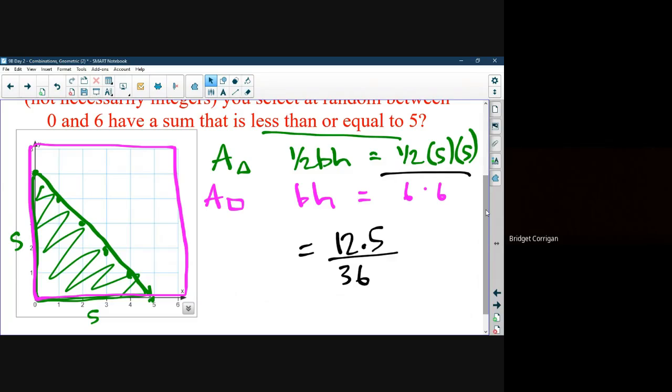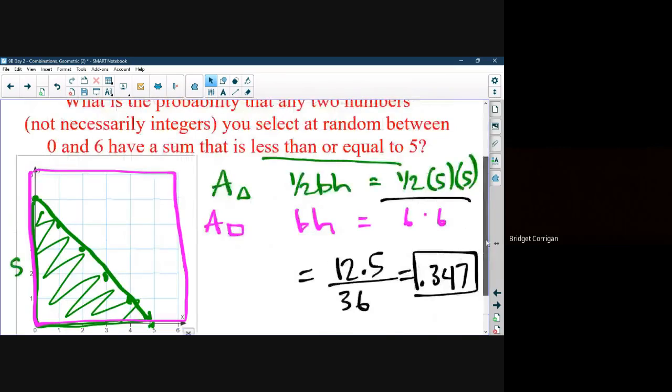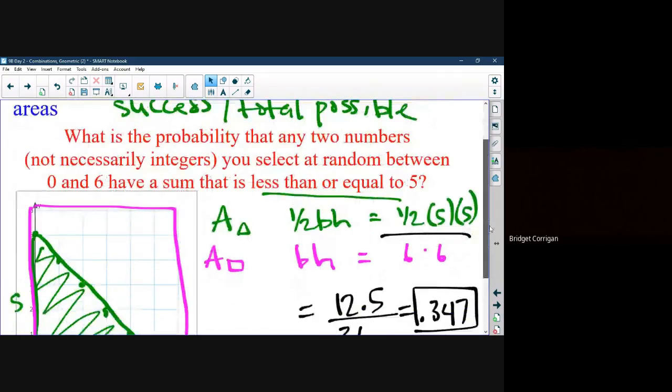And if we evaluate that all the way out, it's 0.347. Okay, so big thing to remember is the probability is the success over the total possible outcomes.